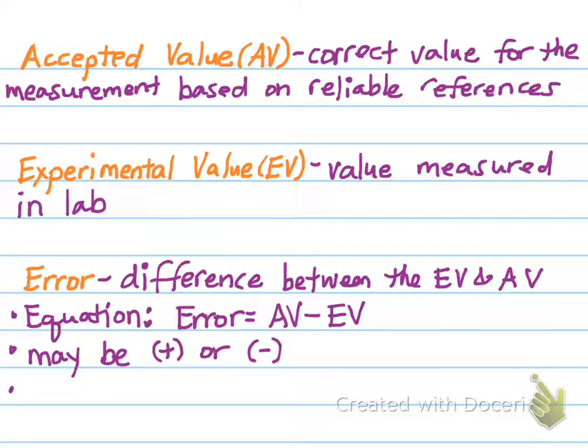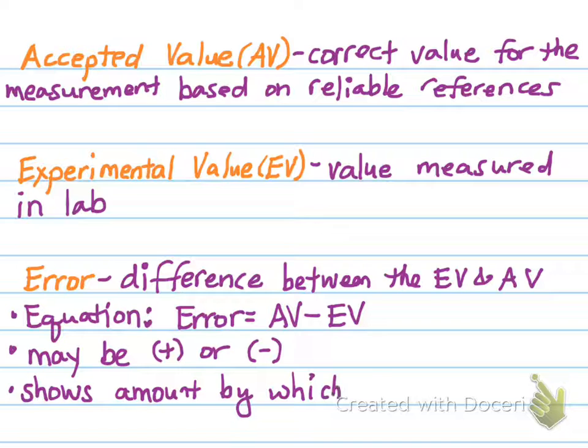Really, all error tells us is the amount by which our experimental value differs from our accepted value.